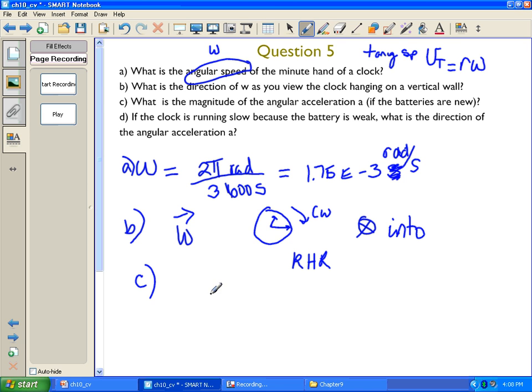Part C says, what is the angular acceleration if the batteries are new? Well, if the clock is operating as it should, there should be no angular acceleration because the hands should rotate at constant angular velocity.